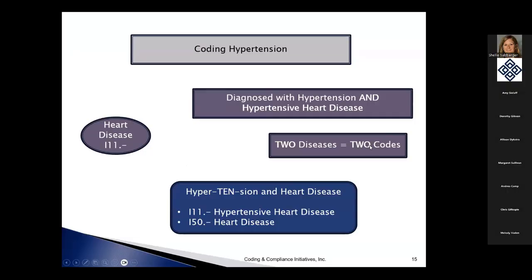Providers, that means that you have to bring in two codes in your assessment plan. The hypertensive heart disease followed by the type of heart disease or heart failure. So again, two diseases, two diagnoses, two codes.